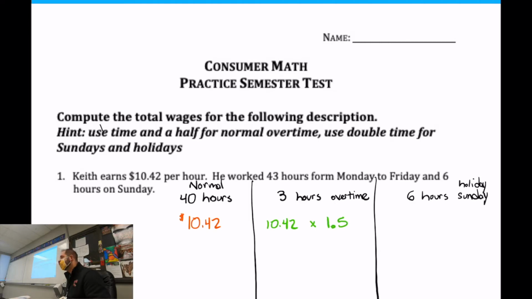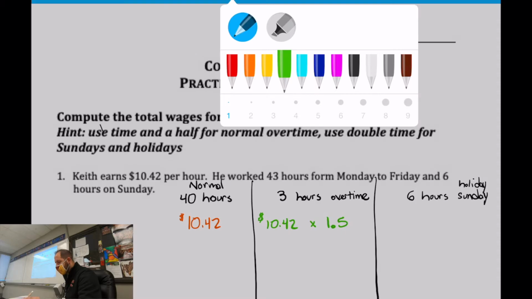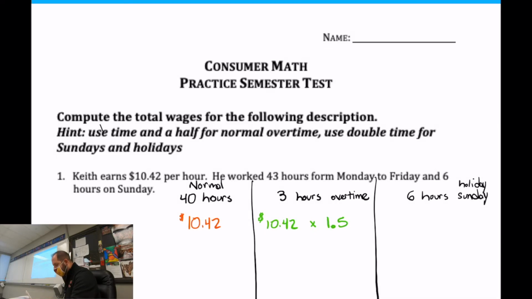So 1.5. So it's $10.42 times 1.5. That's time and a half. And then on the Sunday or holiday, he's getting double pay. So 10.42, and you have to double that. That's a pretty good paycheck for that 6 hours on Sunday.